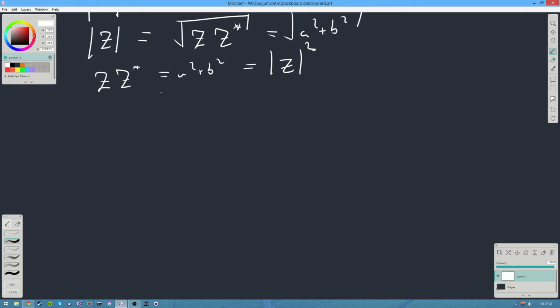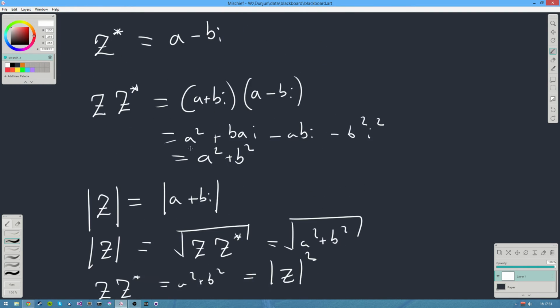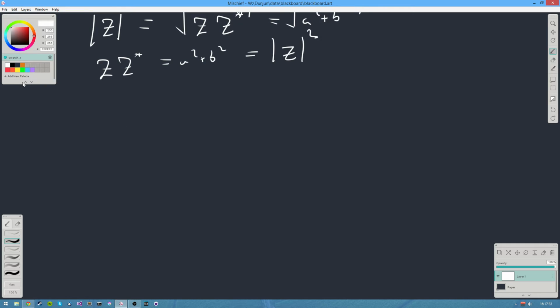So those are some of the basic functions you can do. What else is there? There's division. You can do division as well with complex numbers. Division is also called the quotient, I think. That's the technical term.